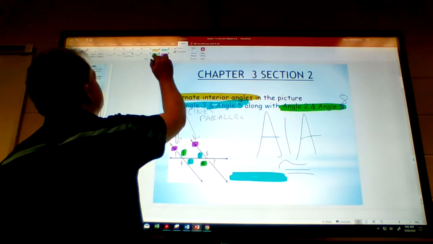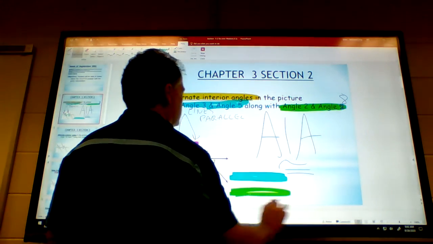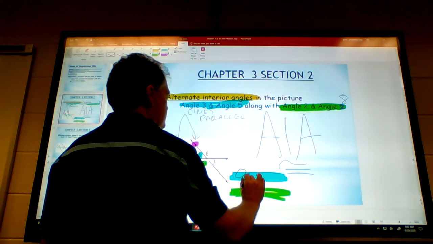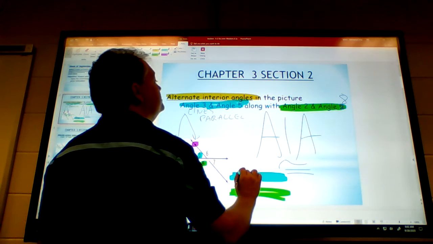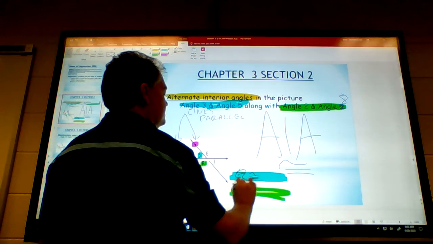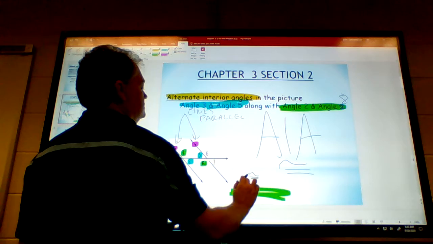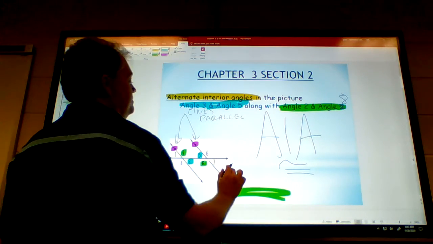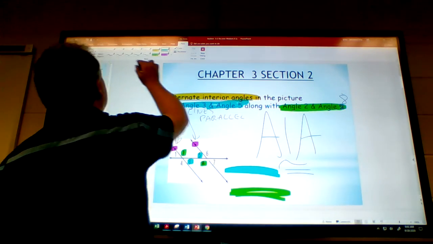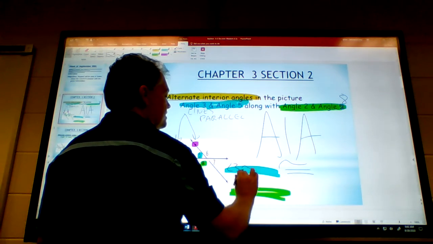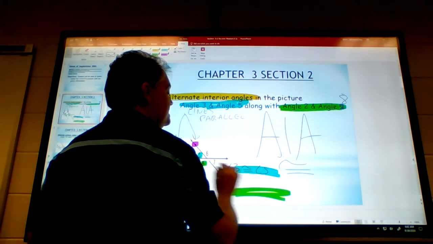So it says that angle 2 is congruent. Excuse me, that should be angle 3. Let's redo the whole thing, and I apologize for that. I try to color code everything, and I am trying to get this done, so I apologize if I'm making any missteps.